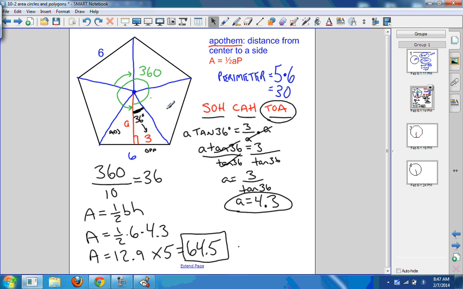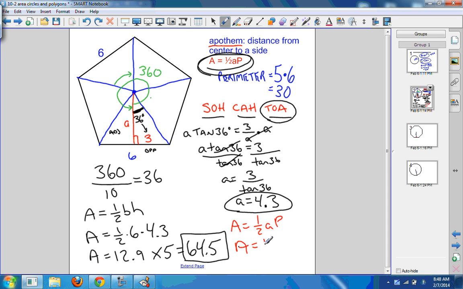I don't know if you notice or not, but we have a formula right here. Area is equal to 1/2 small a p. So change my colors up here. Let's see what that does. A is equal to 1/2 small a times p.